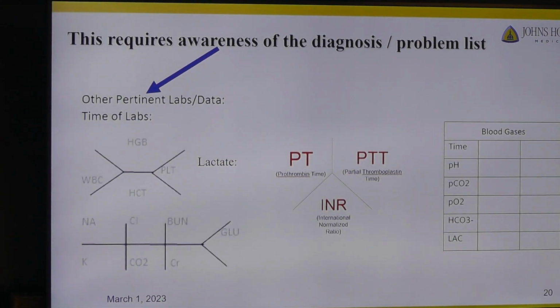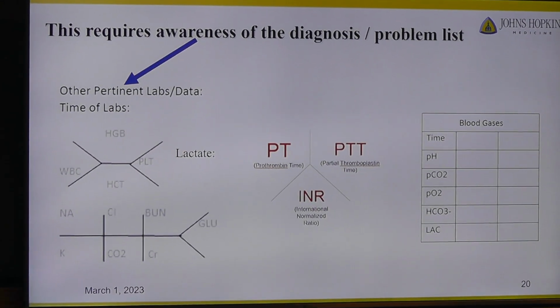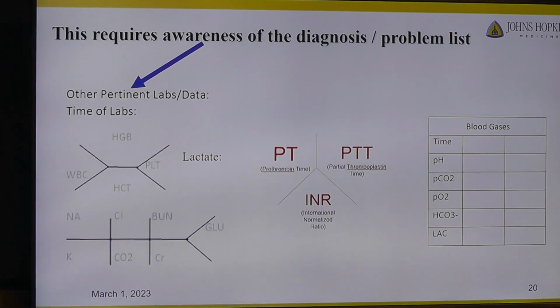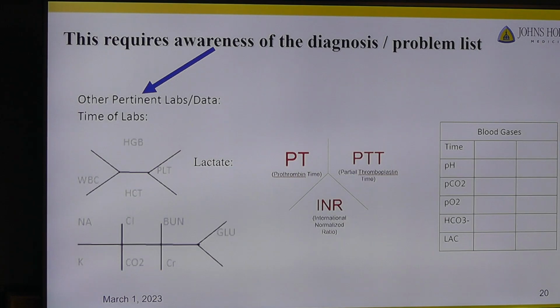And that requires, obviously, an awareness of the diagnosis and the problem. An example of not losing the forest for the trees. I don't want every little tree, but I want a couple of trees that are based upon the big picture.